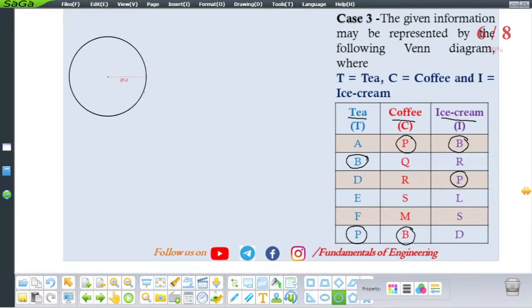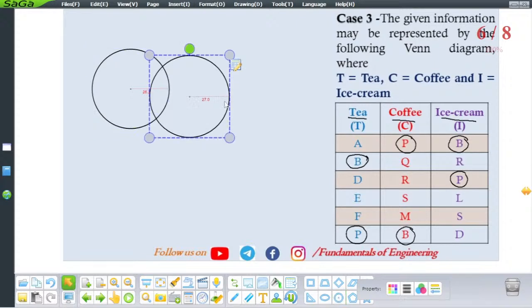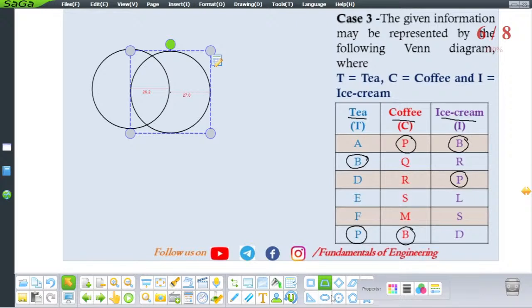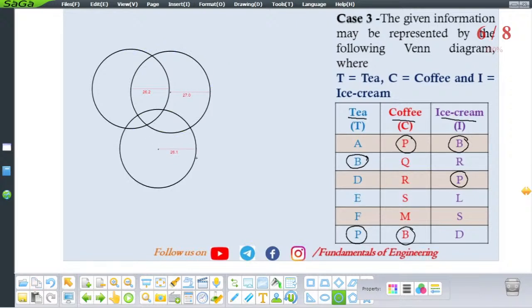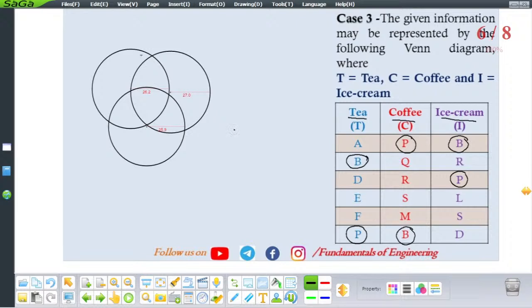This one will be the circle which represents tea, the second represents the persons who like coffee, and the third the persons who like to take ice cream. So this circle is for those who like tea, the second for coffee, and the third for those who want ice cream.